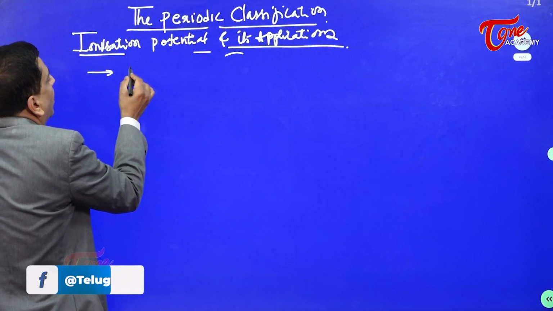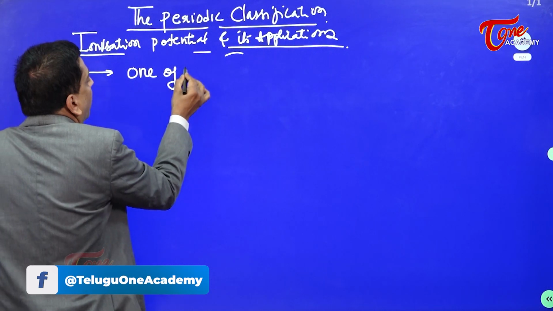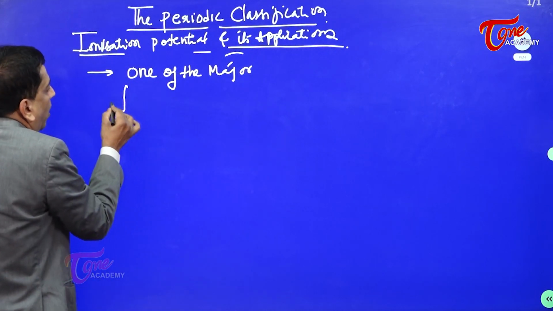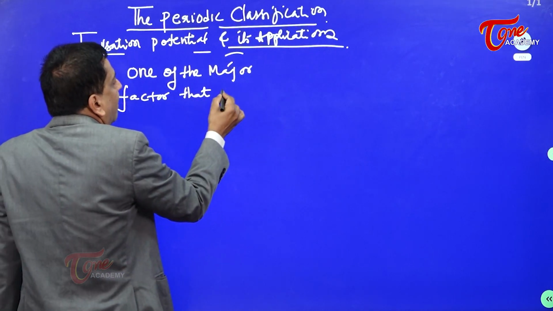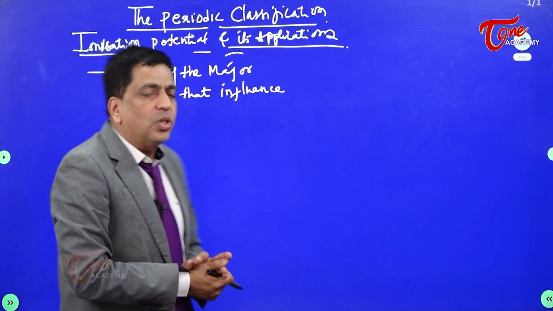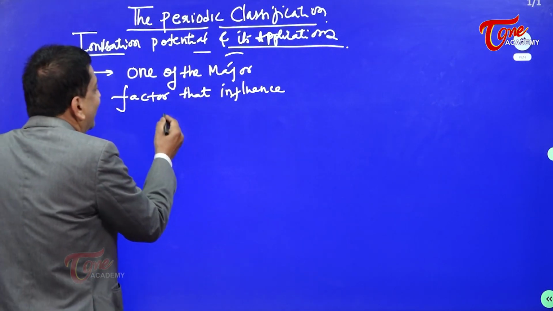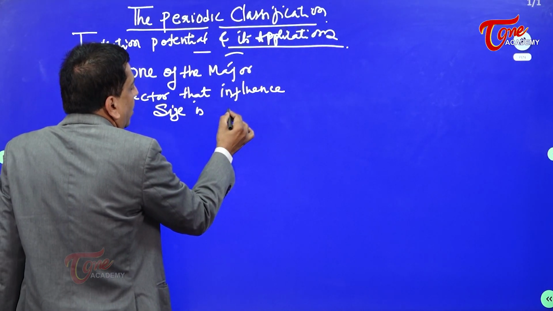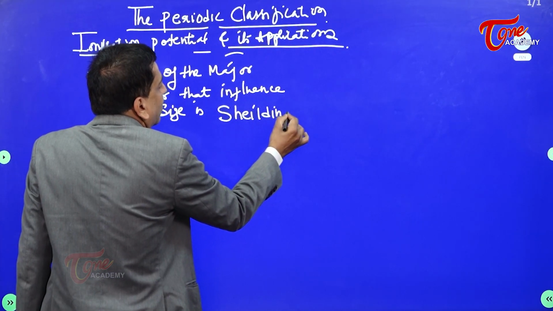If you see, one of the major factors, I draw the attention of everyone, one of the major factors that influence sizes is, and I write it here, observe carefully, it is basically the shielding effect.